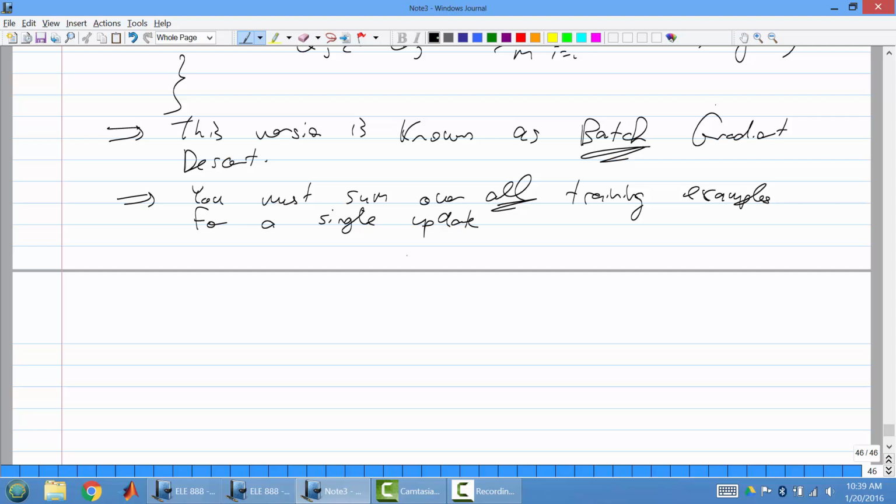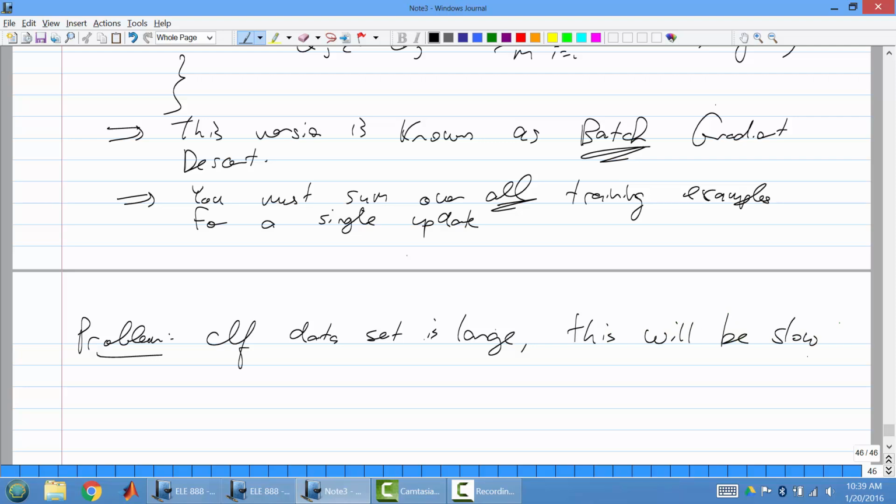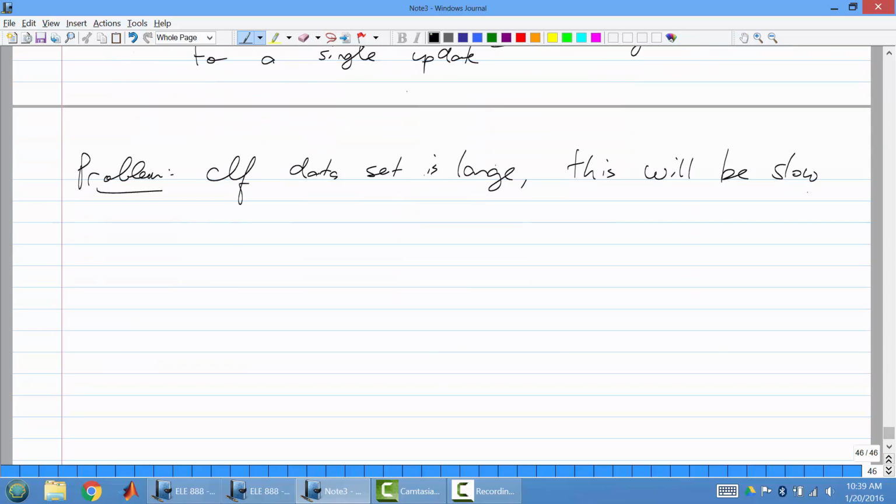So the problem: if the data set is large, this will be slow, because you're summing over m, which could be a couple of million, and that's going to take you a long time. So the solution that people usually use is what's known as stochastic gradient descent.